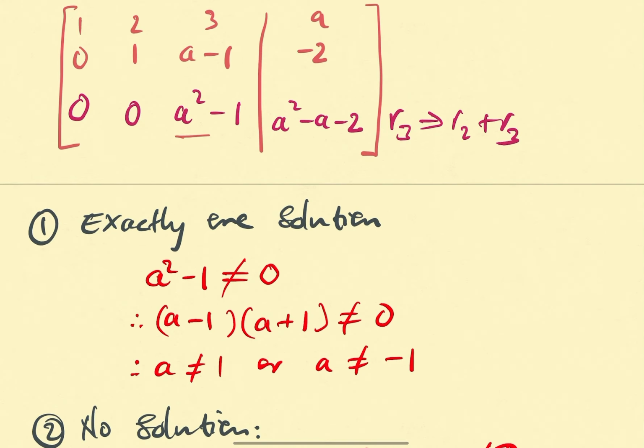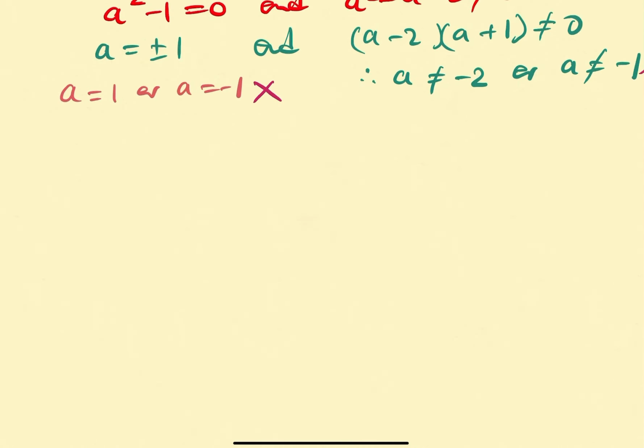If you put 1 here, you get a 0. On this side, if you put a as 1, I guess you get negative 2. So this is true: 0 is equal to negative 2. It means the requirement for no solution is met. So my a is equal to positive 1. This is fine, but negative 1 is not true.